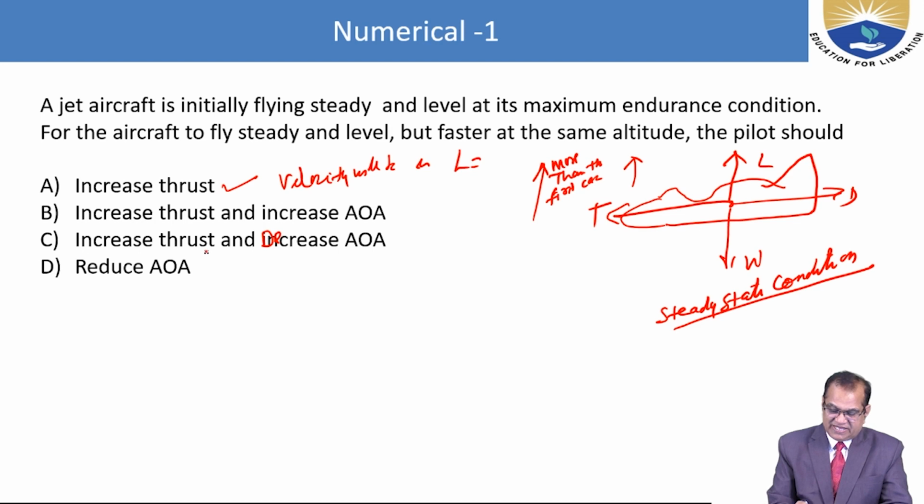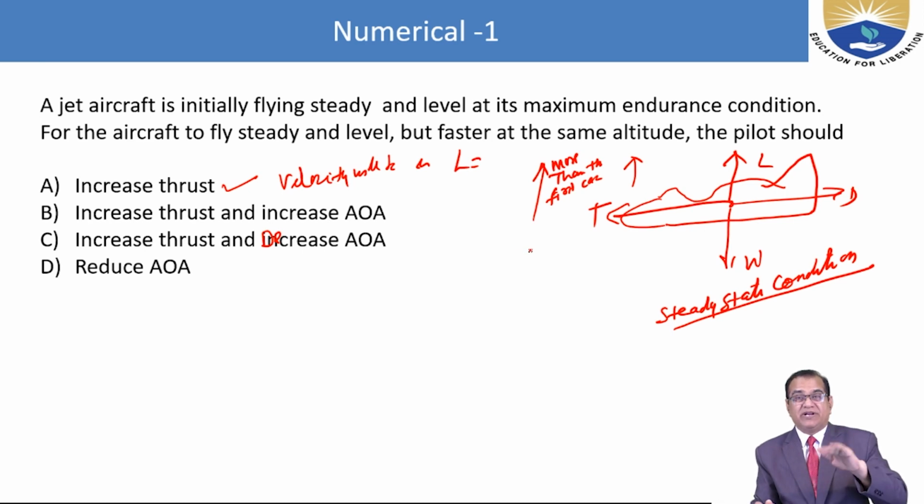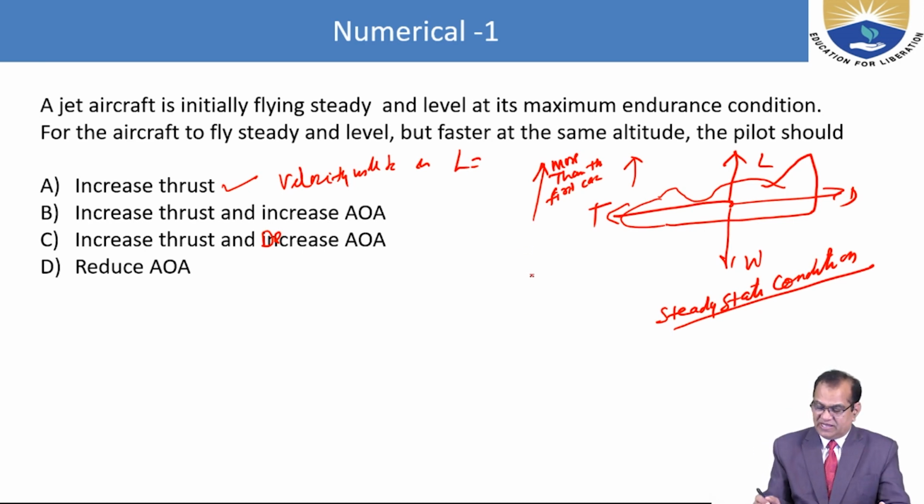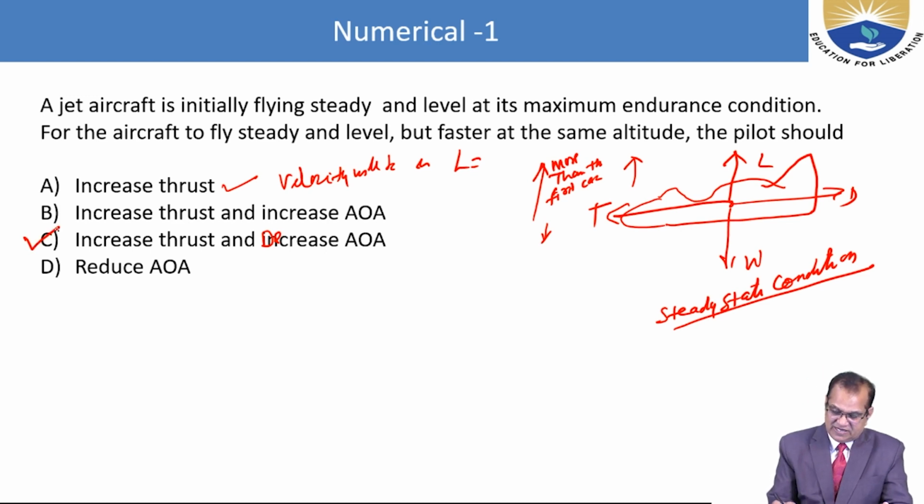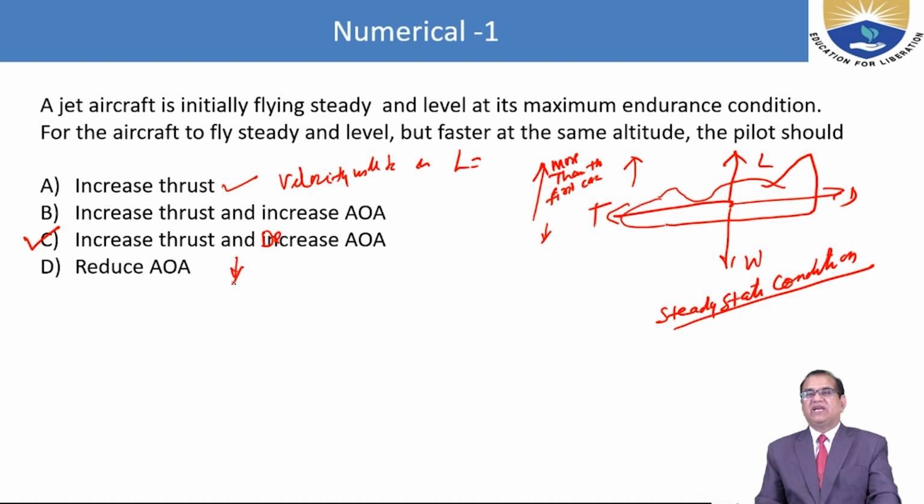Third one is increase thrust and decrease angle of attack. You increase the thrust, so velocity will be increased, but if you decrease the angle of attack, then lift will be maintained. So this is the correct answer. If we only reduce the angle of attack, the aircraft will start going down, so altitude will not be maintained.